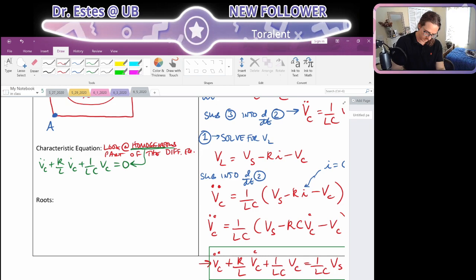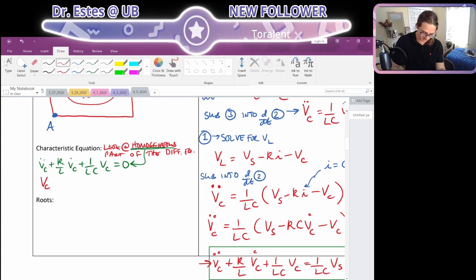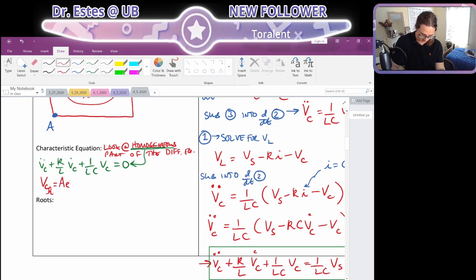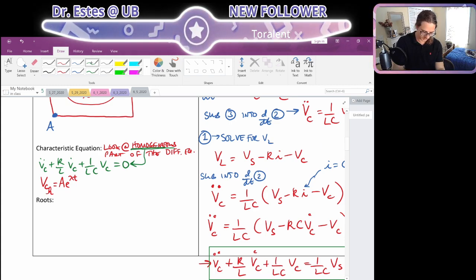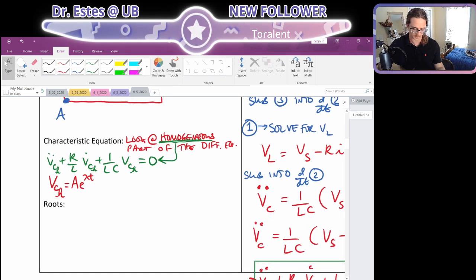And then the general form for any homogeneous system is going to be A, so some coefficient, e to the lambda t. Actually, I should have put like some sub h on this, I guess, to be clear. This is the homogeneous part of the equation.